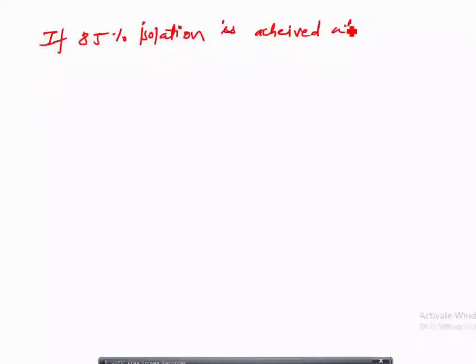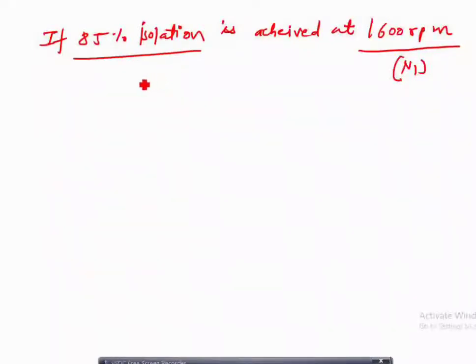Now I will write here, if 85% isolation is achieved at, let us say, the lesser speed, that is 1600 rpm. It means, if you are selecting a lesser speed, that is n1 1600 rpm, and you are achieving 85% isolation, now what is the range of the speed?